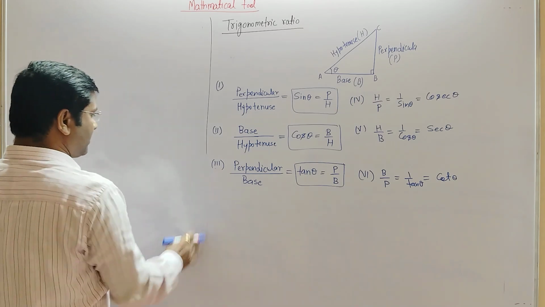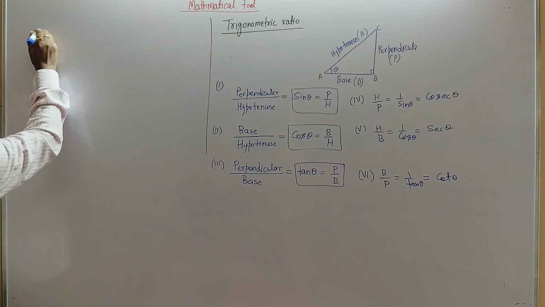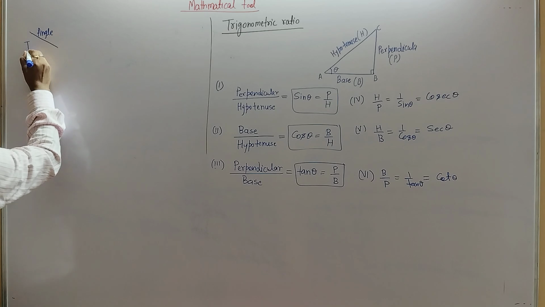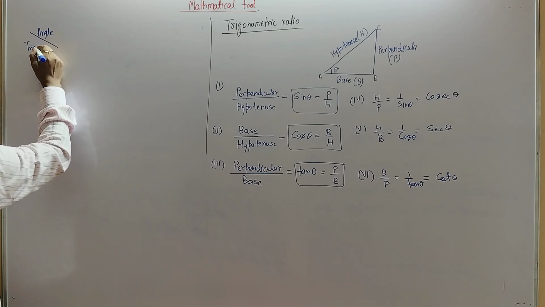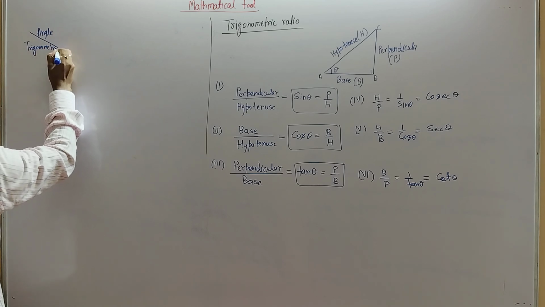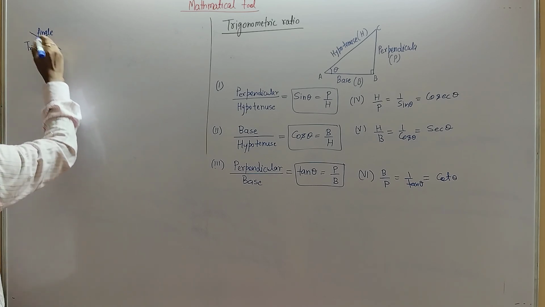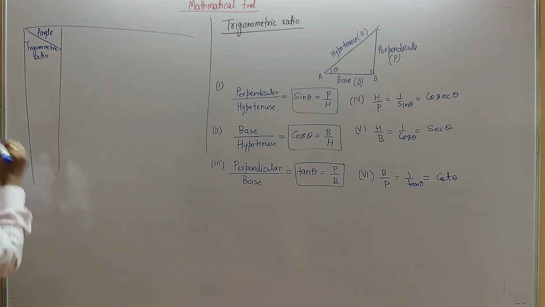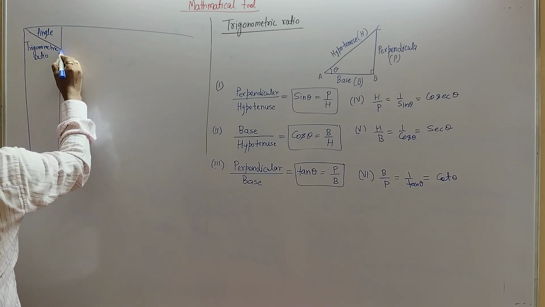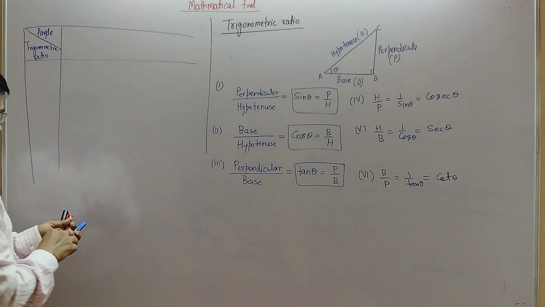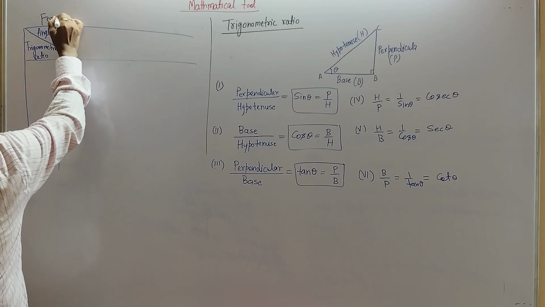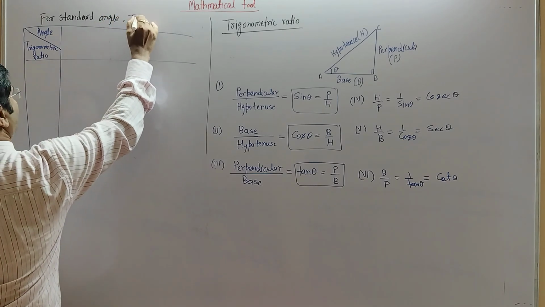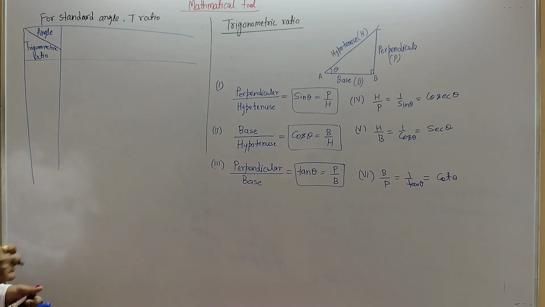I will write here the angle, and this is the trigonometric ratio, in shortcut T ratio. For a standard angle we are going to find out the T ratio.